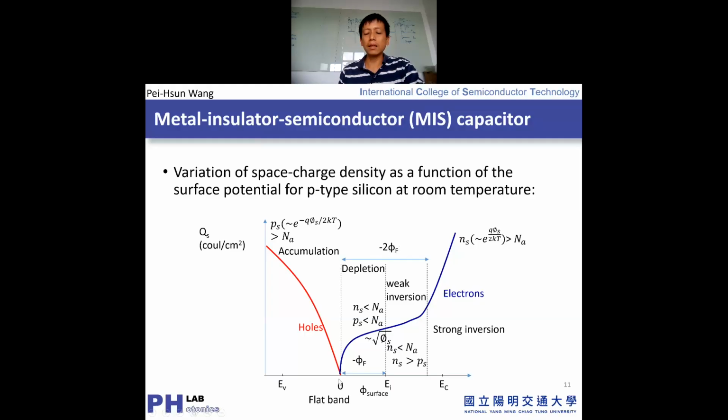So you can think that we start from the flat band condition. Flat means that you do not have any band bending in the semiconductor. So there is no extra carrier accumulation along the surface.